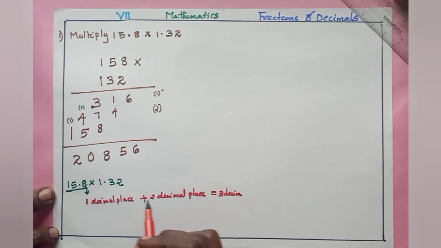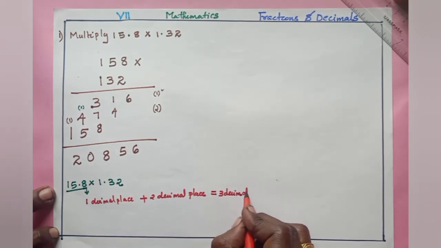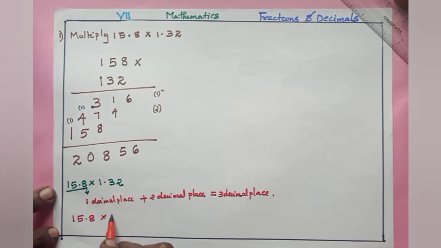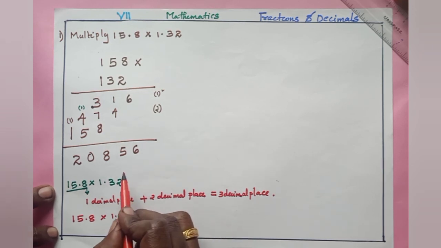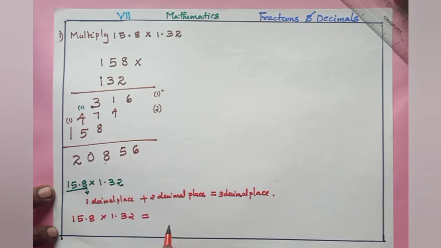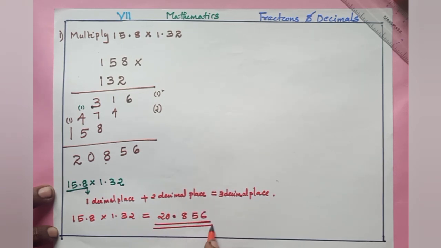We want to change this answer to 3 decimal places. So we get 15.8 into 1.32 equals, counting 1, 2, 3 places, 20.856. Clear, all of you?